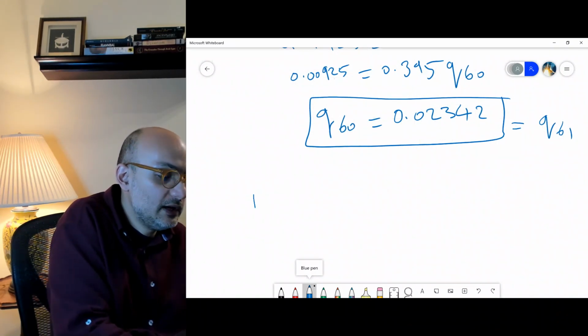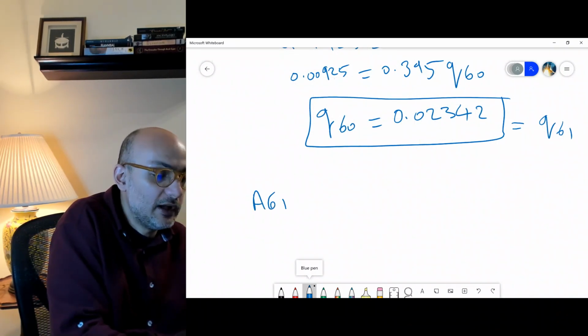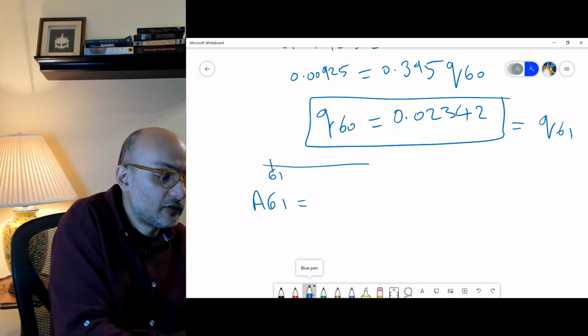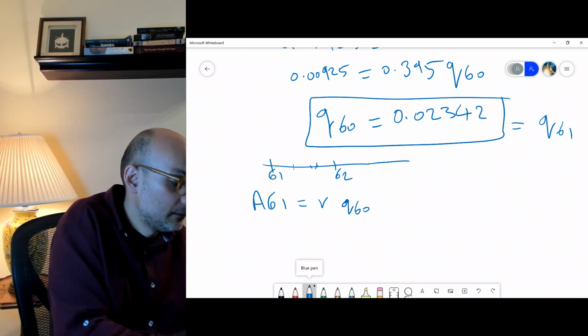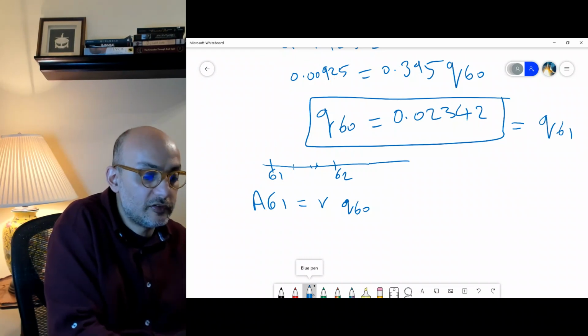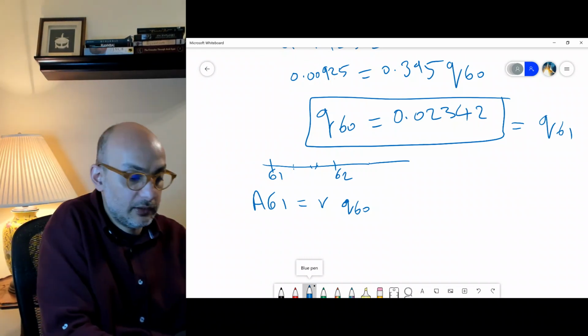Now let's do a61, the same thing as we did with a60. And a61, 61, 62. So if death happens here, you have probability v multiplied by a probability of death, which is q60. I kept my q60 in my calculator so I can come back to it.